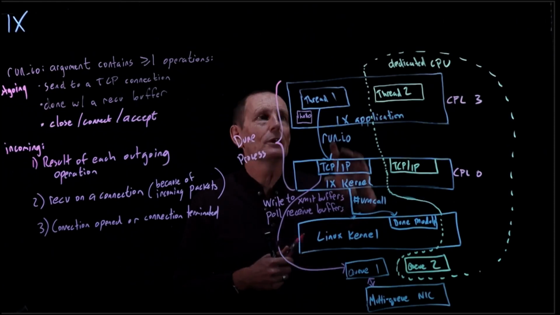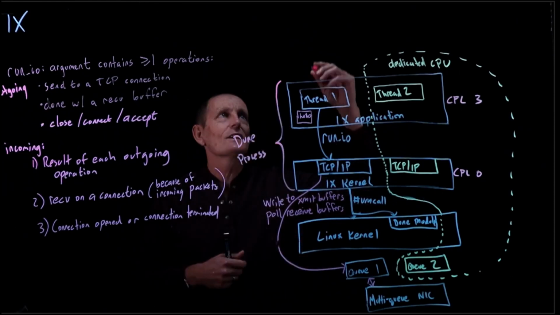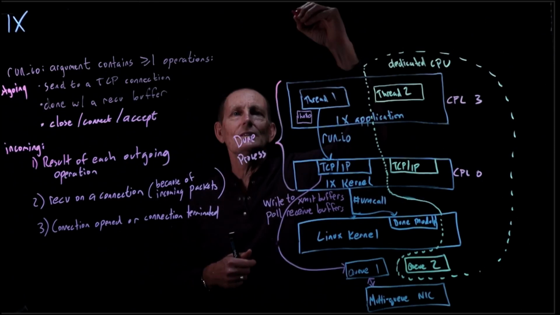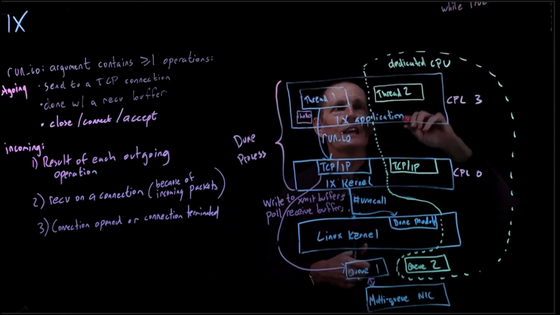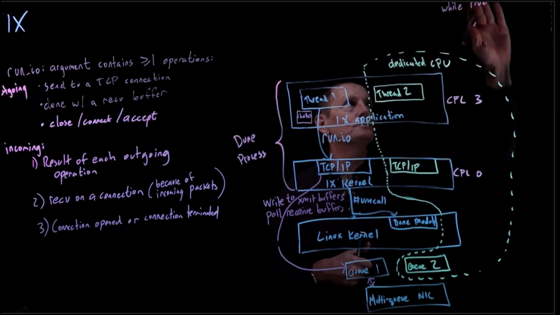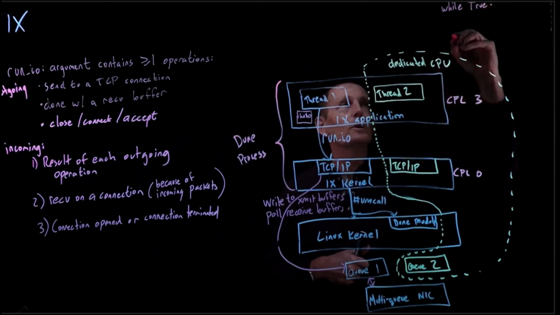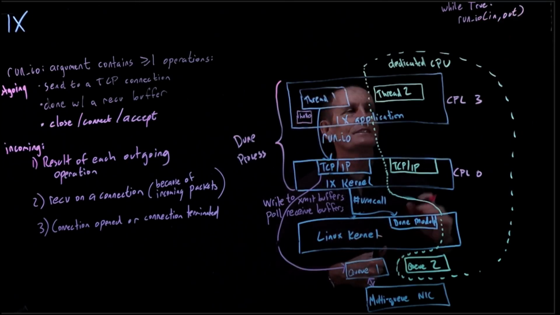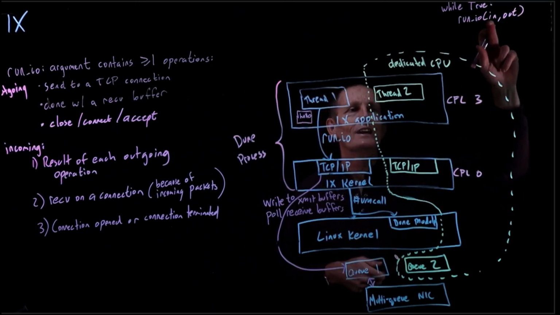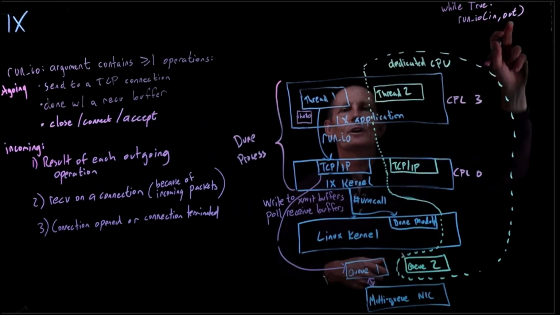So if we look at how this thread is going to be structured, it's going to be something like this. We'll just have this infinite loop, while true, and we'll go ahead and run IO. Rather than the same buffer, we actually use different buffers, so we have the incoming and the outgoing.